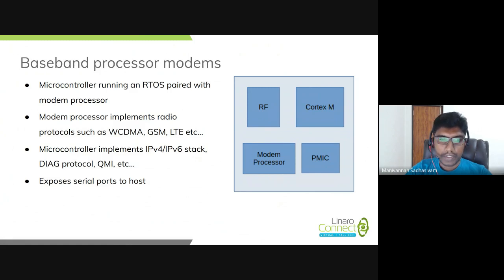The modem processor implements the radio-specific protocols such as WCDMA, GSM, LTE, etc. And the microcontroller implements high-level networking stacks such as IPv6, IPv4, and Qualcomm-specific protocols such as DIAG, QMI, etc. And this whole baseband processor modem exposes serial ports to the host machine for configuration as well as for the data connectivity.